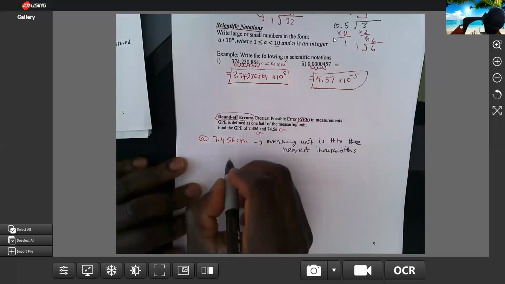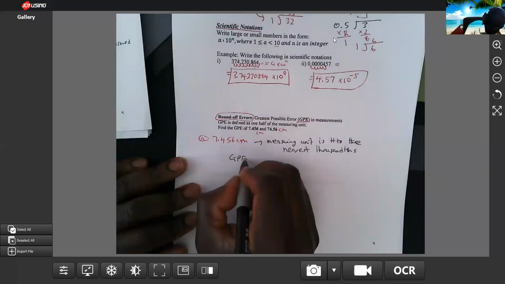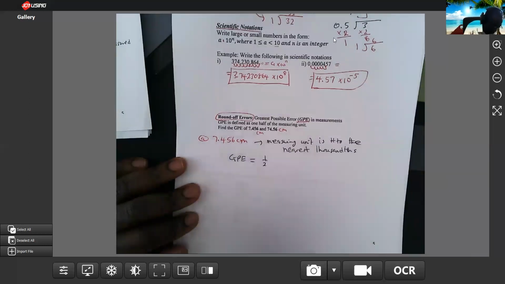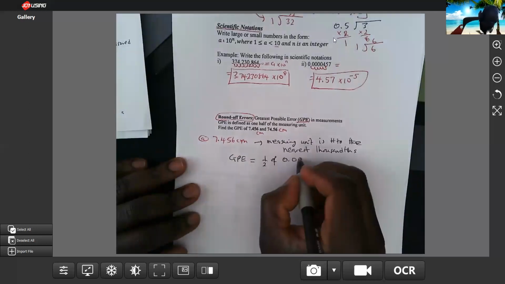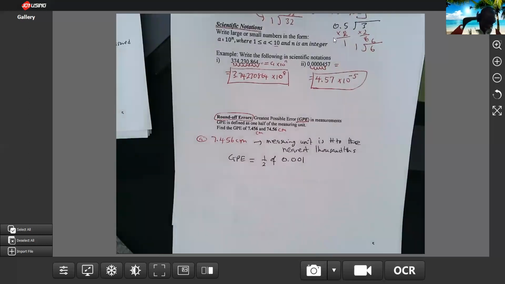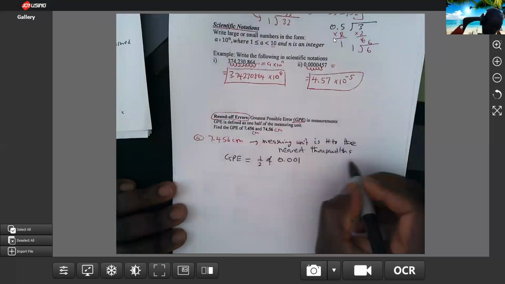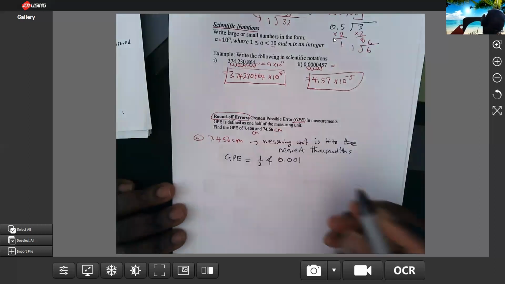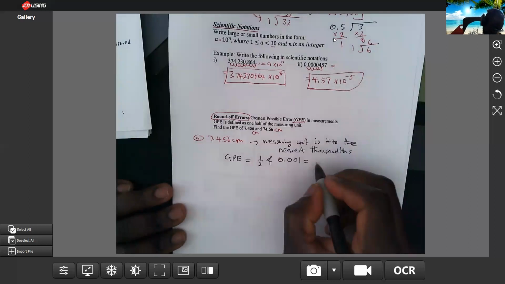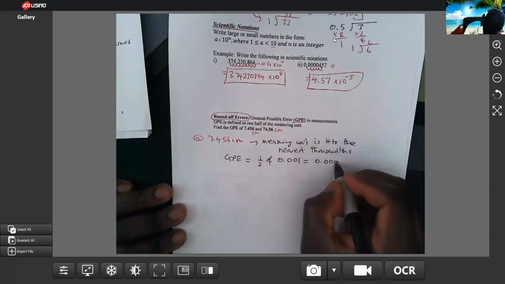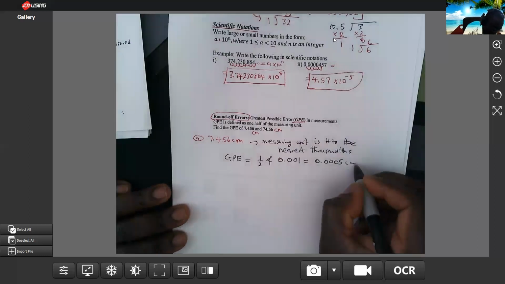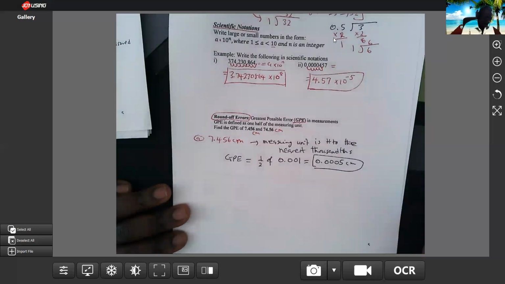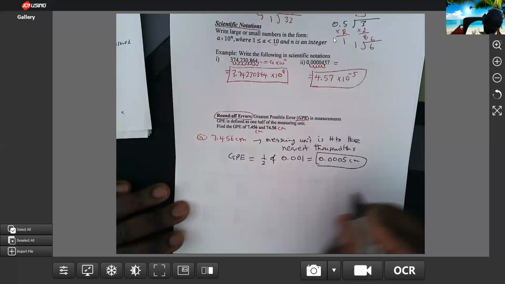Okay, so therefore your GPE is equal to 1/2 of 0.001. Okay, to the nearest thousandths is that. And so if you divide this by 2, you get 0.0005 centimeters. So that is your greatest possible error.